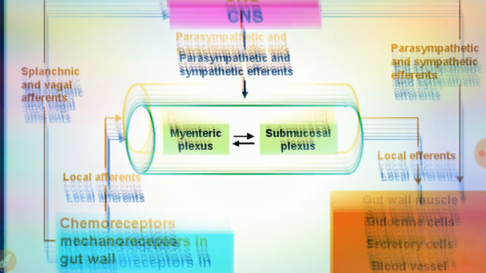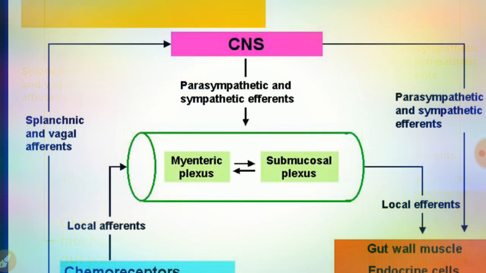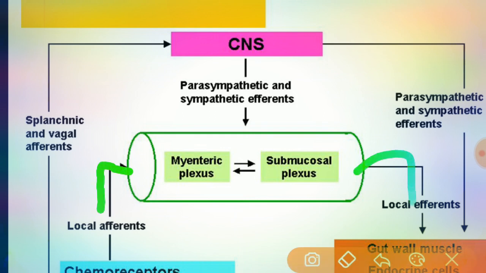The parasympathetic and sympathetic afferents lead to the myenteric plexus and the submucosal plexus, which give rise to local afferents and local efferents, with the same plexus present.